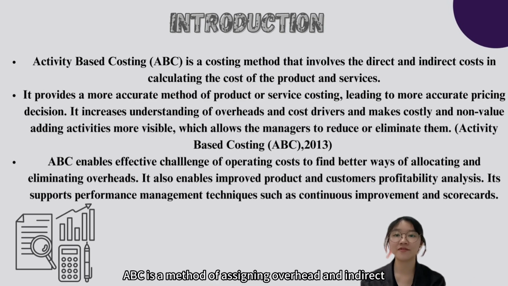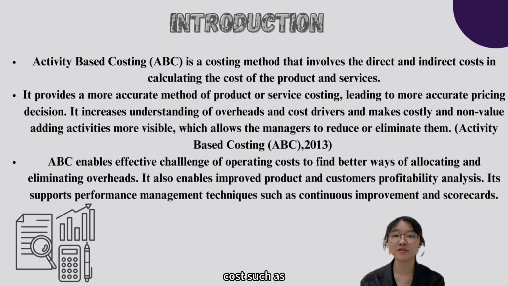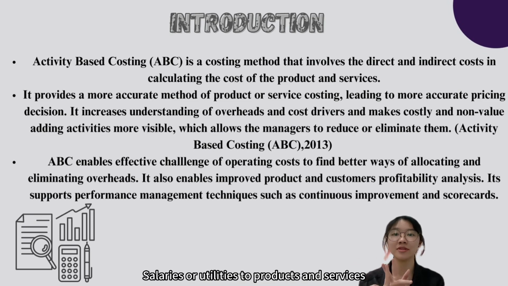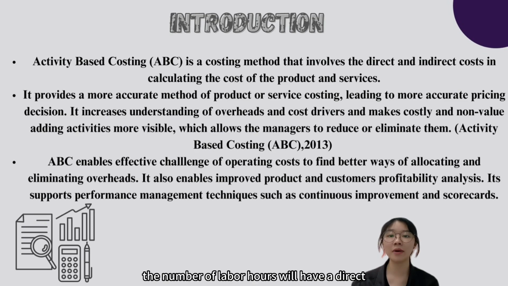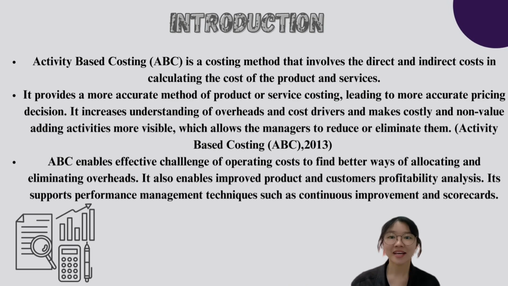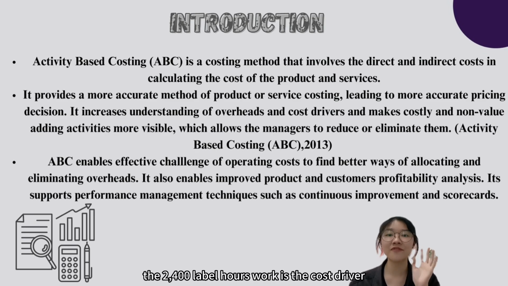ABC is a method of assigning overhead and indirect costs, such as salaries or utilities, to products and services. For example, company A has a 30,000 ringgit Malaysia electricity bill per year. The number of labor hours worked has a direct impact on the electricity bill. Therefore, the 2,500 labor hours worked is the cost driver.